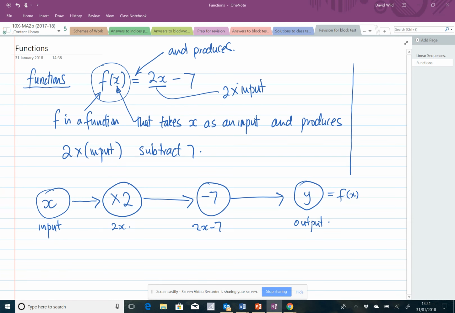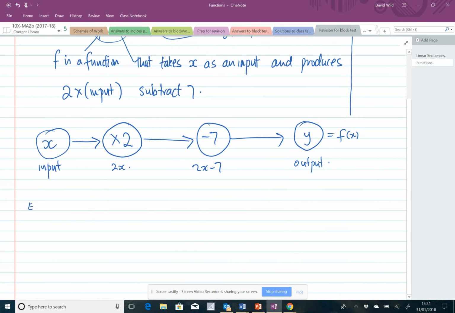Now when we solved equations, for example, 2x minus 7 equals 4, the way I asked you to do that was to look at the x and build up and construct the left hand side. I said, well, from the x we first multiply by 2 and then afterwards we subtract 7.